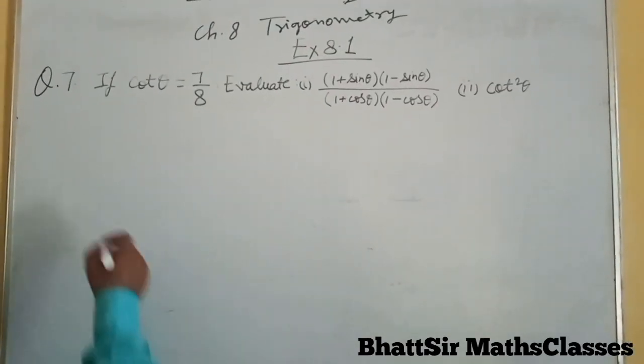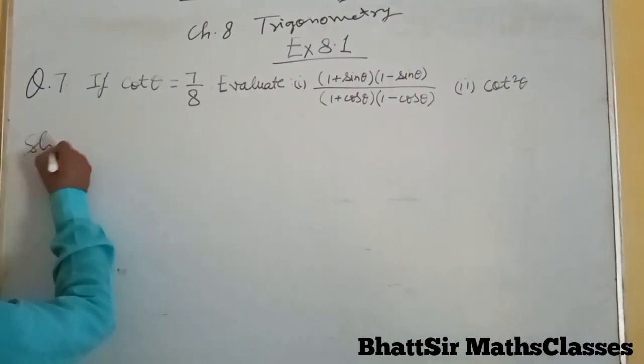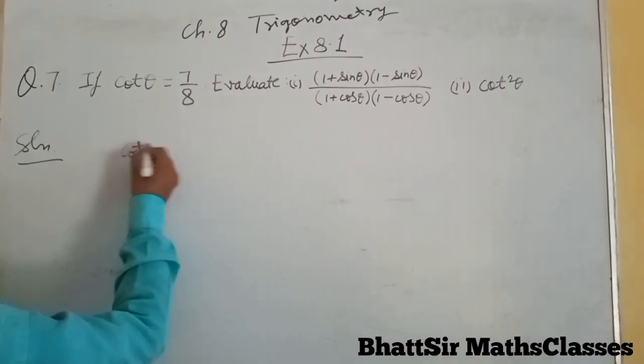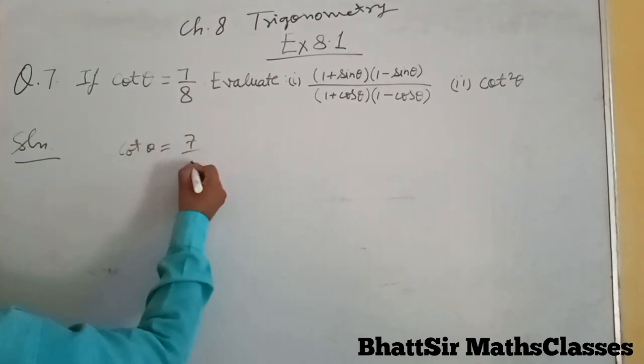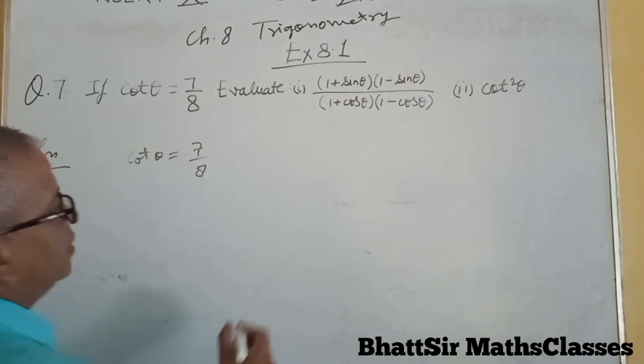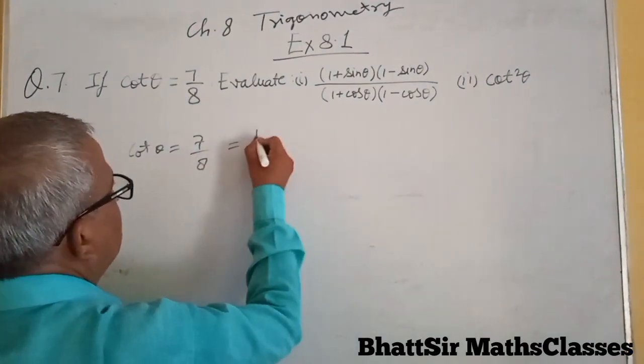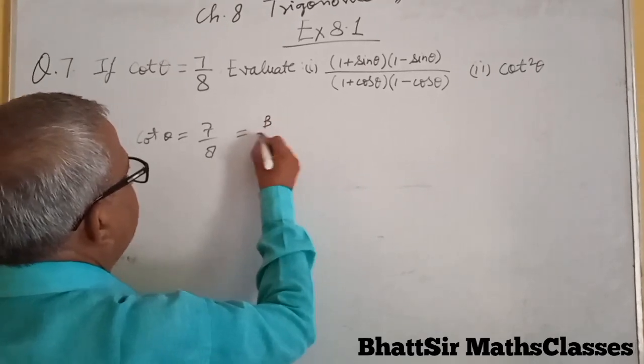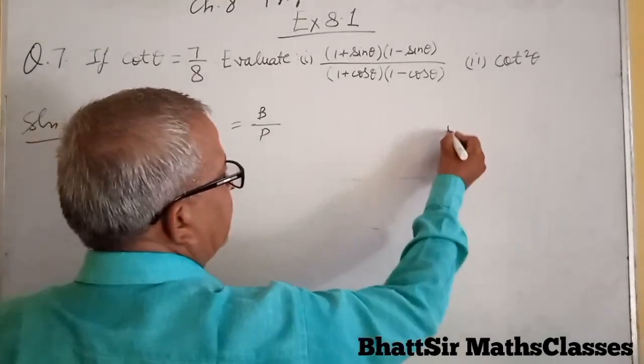Now I am giving a solution of question number 7. If cot theta equals 7 upon 8, which equals base over perpendicular, make a right angle triangle.